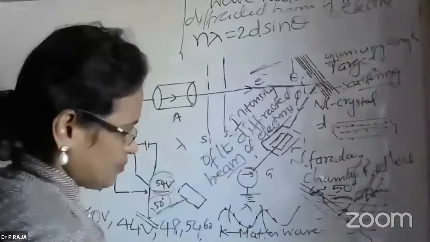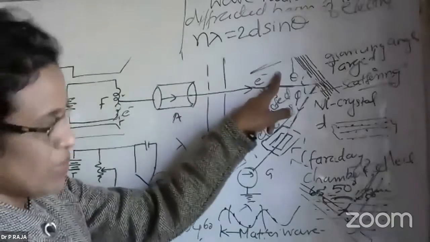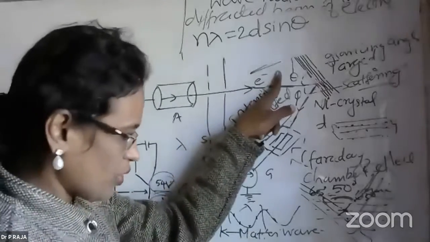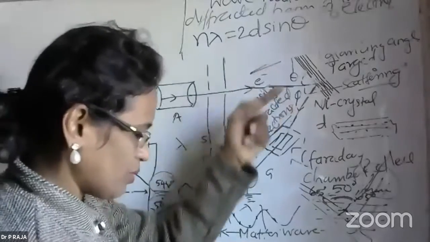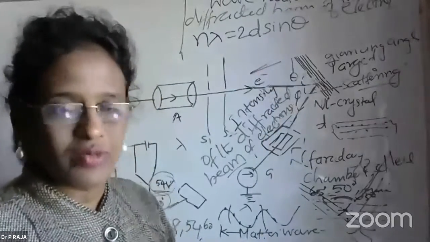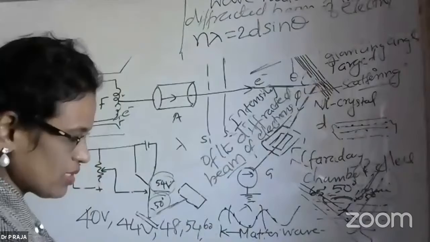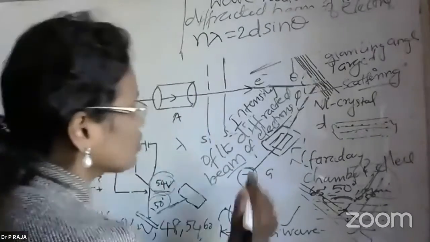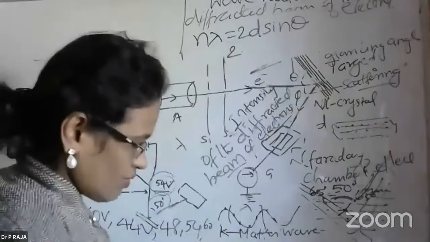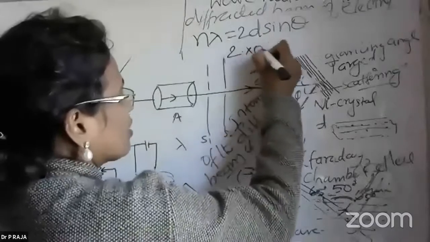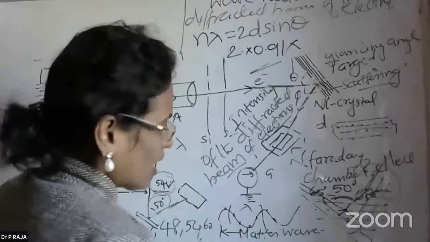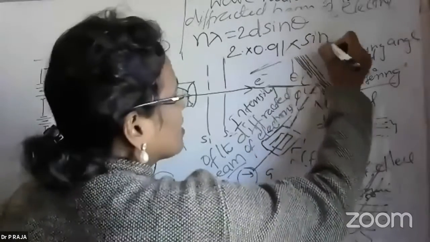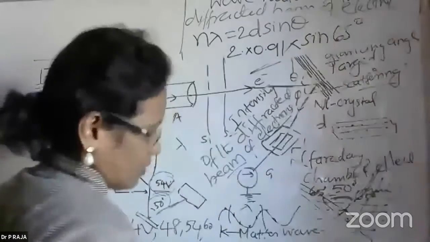And what is the d value? I have mentioned here it is around 2.15 for nickel crystal. But for whatever material has been taken in this experiment, the d value is given as 0.91, so 2 into 0.91 into sine 65 degrees.